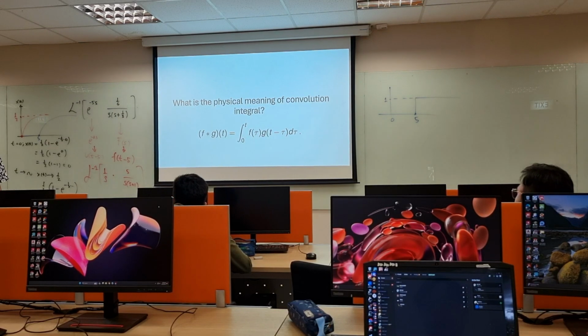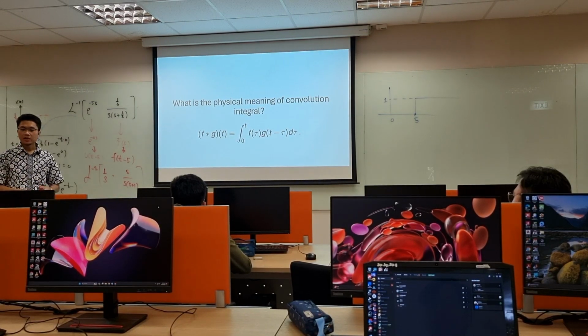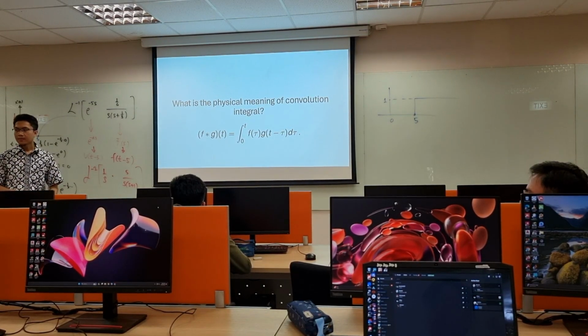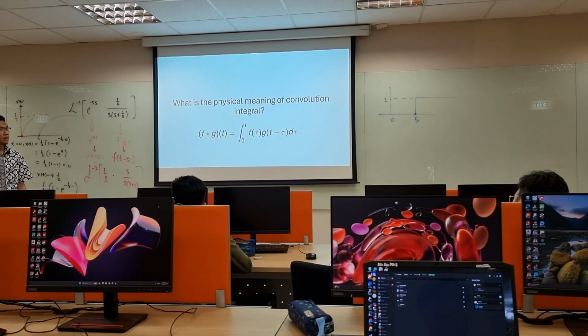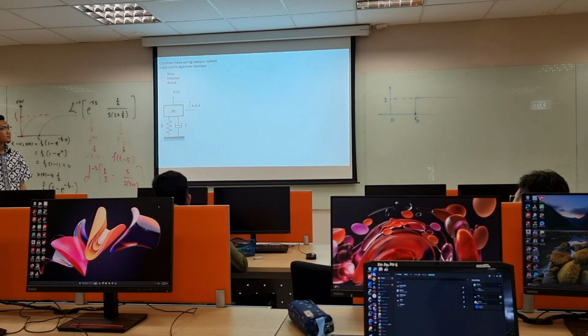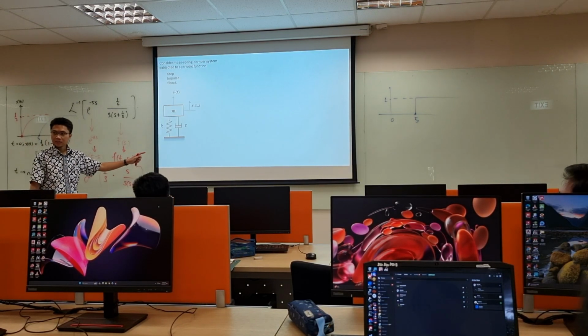In the slides, we will also find several examples to explain what the convolution integral actually is. You can read that on your own, and I will give other examples to give a clear meaning of the convolution integral. You recognize this?